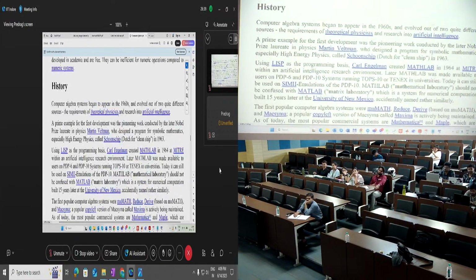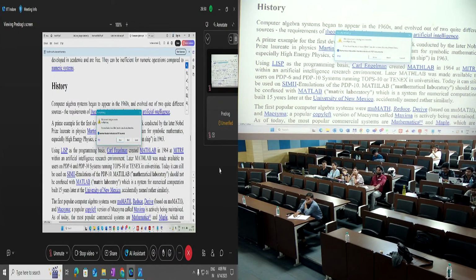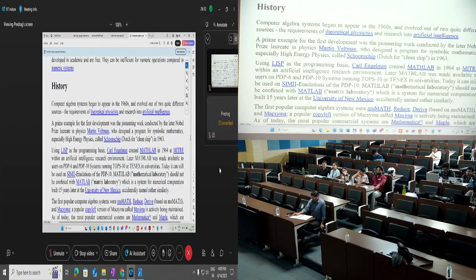The history of symbolic computation started in 1960. The first symbolic computation tool was list processing with strong computation inside brackets.